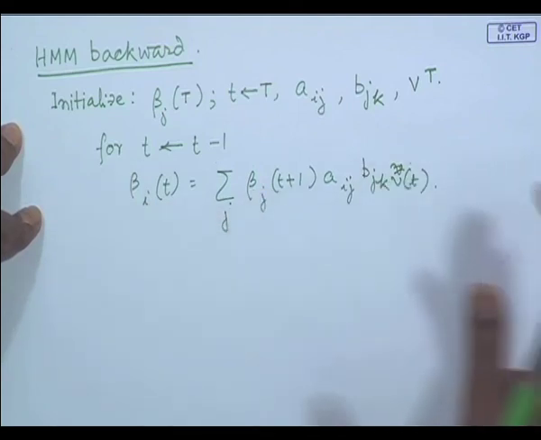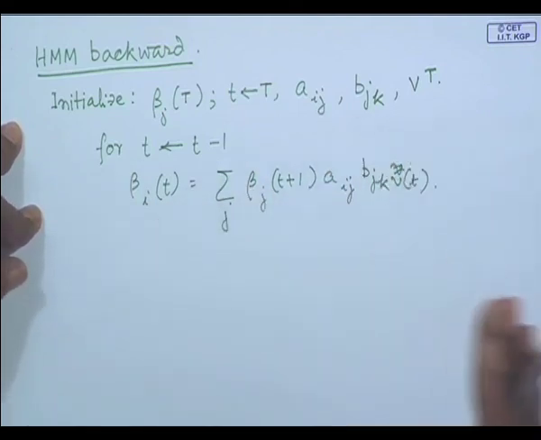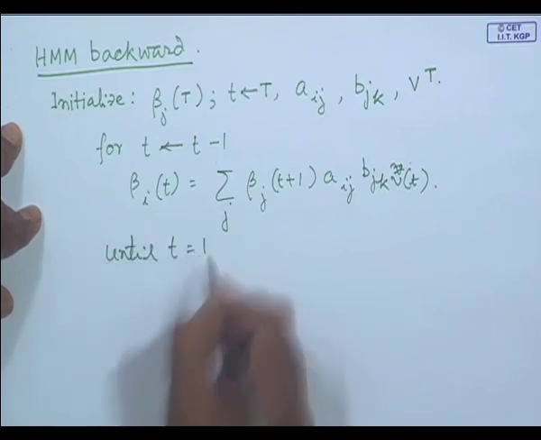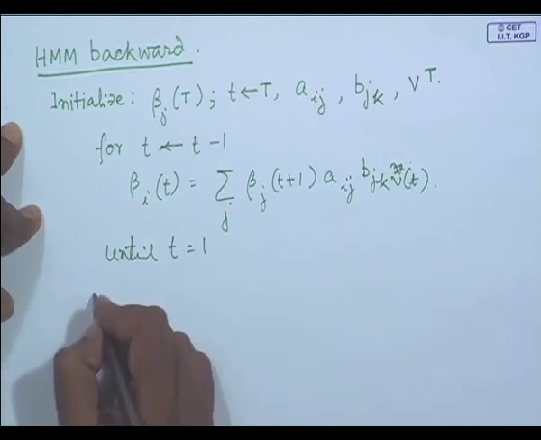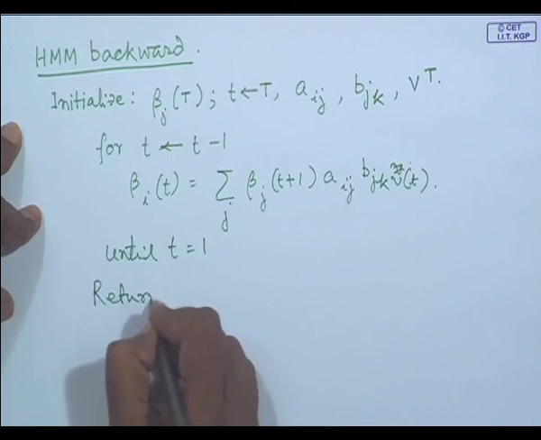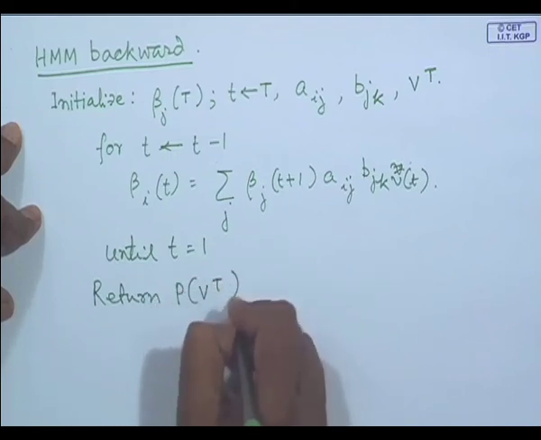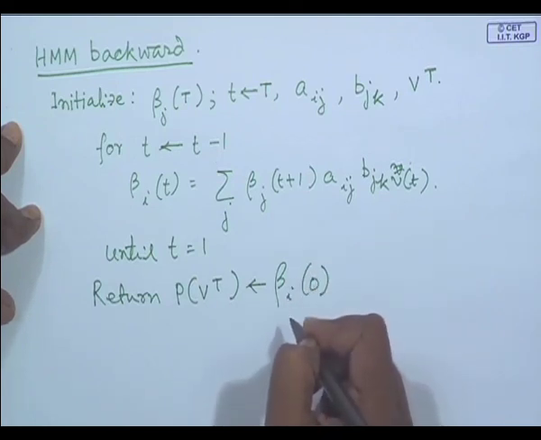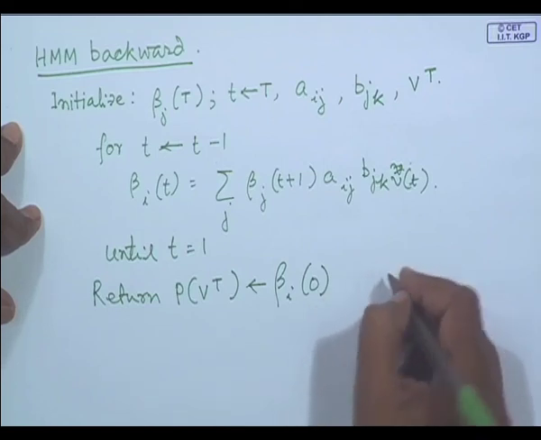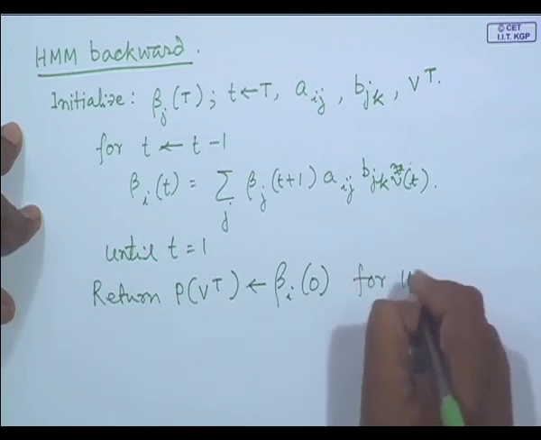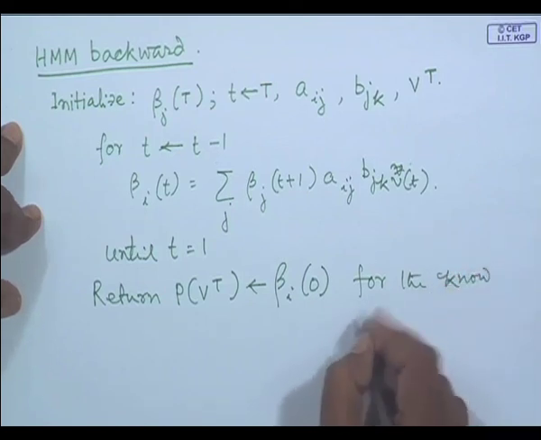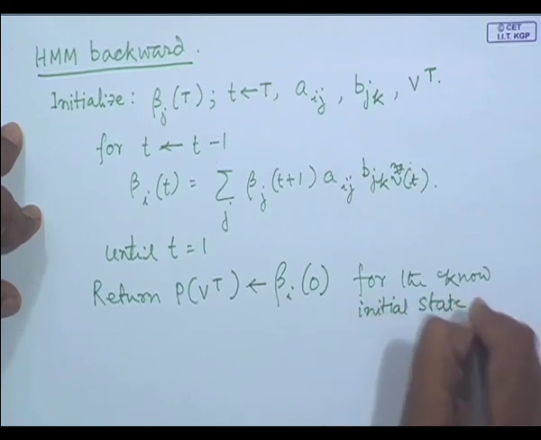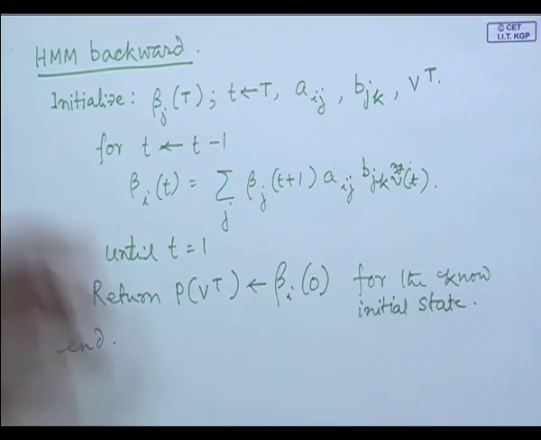As we are moving backwards, I have to move from capital T down to 1, until t is equal to 1, and at the end you return p V T, which is beta i 0, for the known initial state. And end of the algorithm.